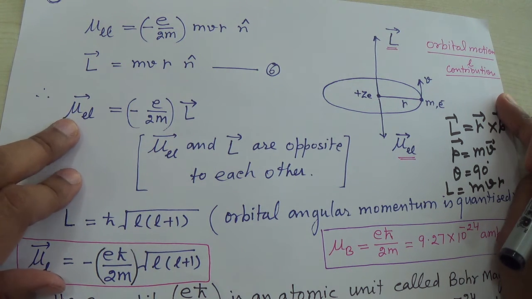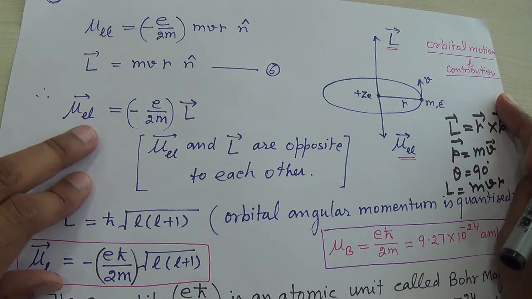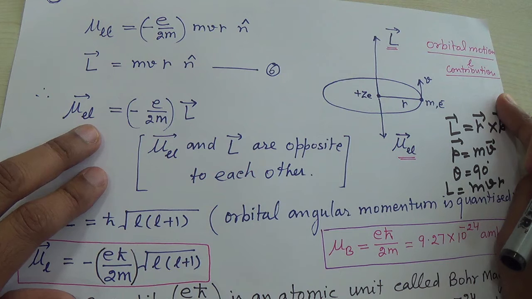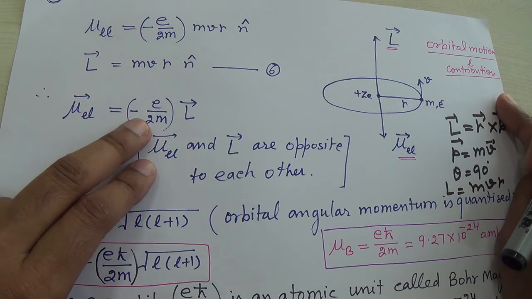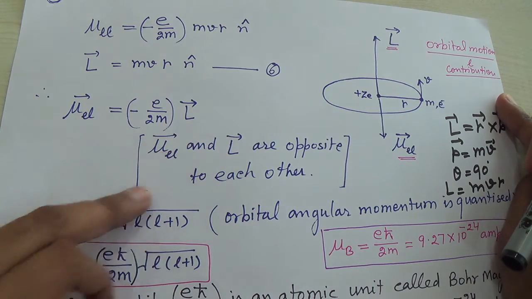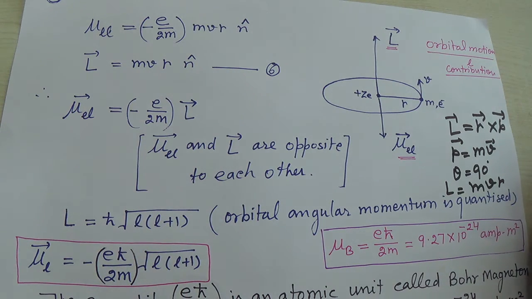So mu_el, the magnetic moment of the dipole because of the orbital motion of the electron, is equal to minus e upon 2m and this vector L. Now I have to put the value of vector L. There are two things basically which I have to see here, because orbital angular momentum is also quantized.